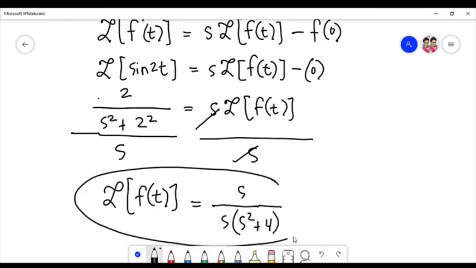So this is now our Laplace transform. That's it.